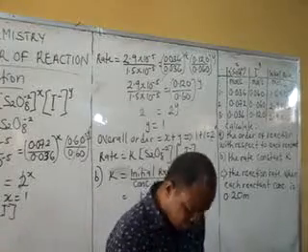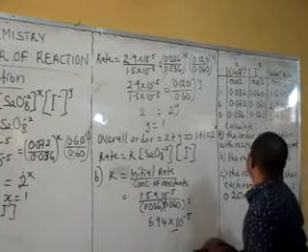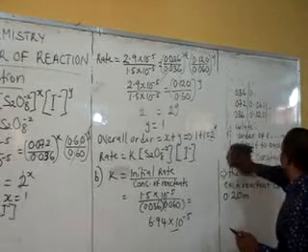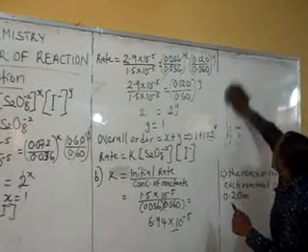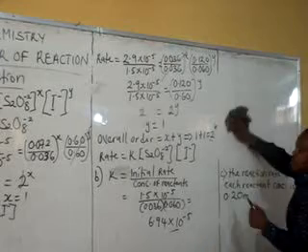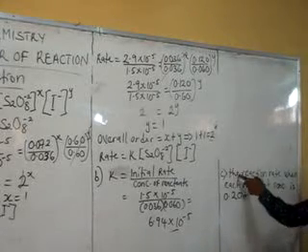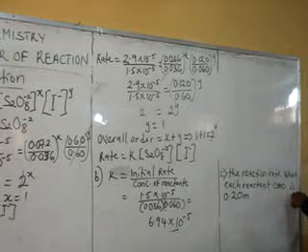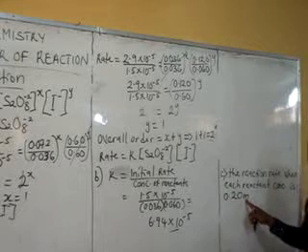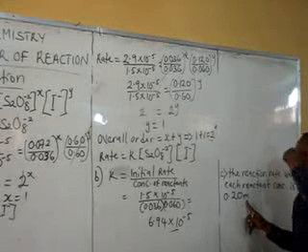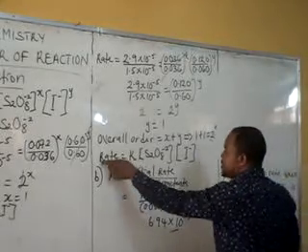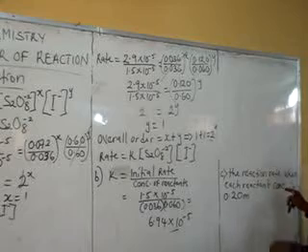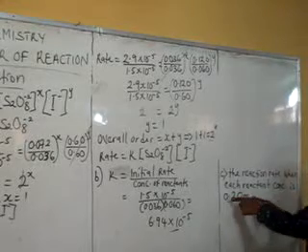And then the last one, which is C. For C, when each reactant concentration is 0.20, we want to calculate the reaction rate. Remember that we are looking for rate, but already we know our K to be this. And we're told that the concentration of each of the reactants is 0.20.